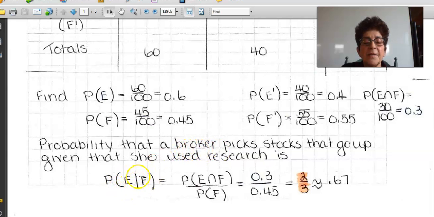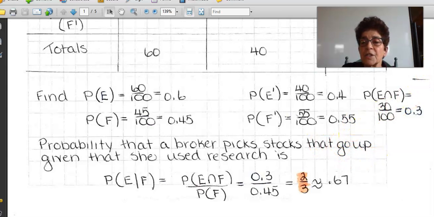That's the probability of E given F, which we're defining as the probability of E and F together divided by the probability of F. From our work up here, we can see that the probability of E and F is 0.3, and the probability of F, that's here, is 0.45. When we do that division, we get 2/3, or 0.67. So there's a 0.67 chance that a broker picks stocks that go up, given that the broker used research.